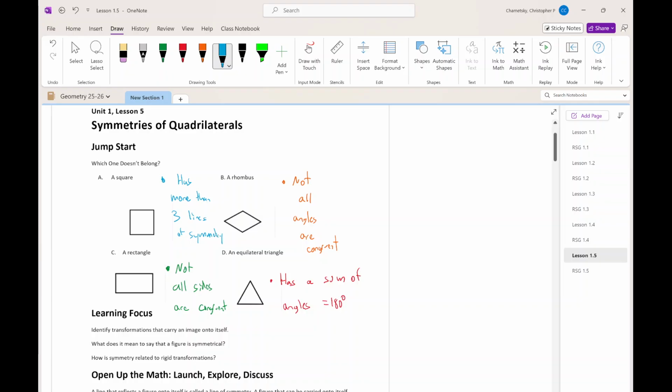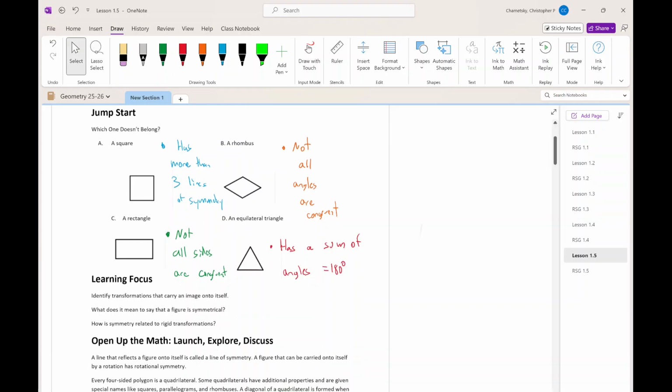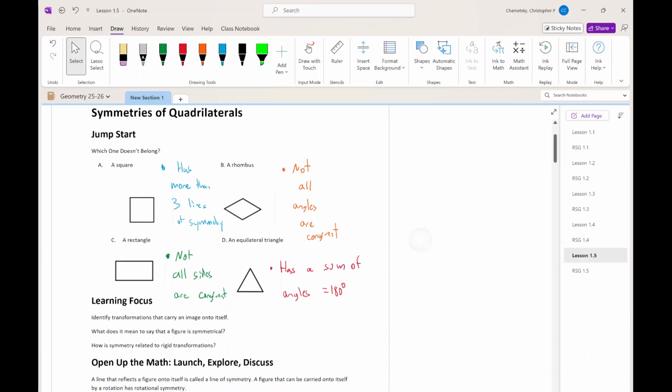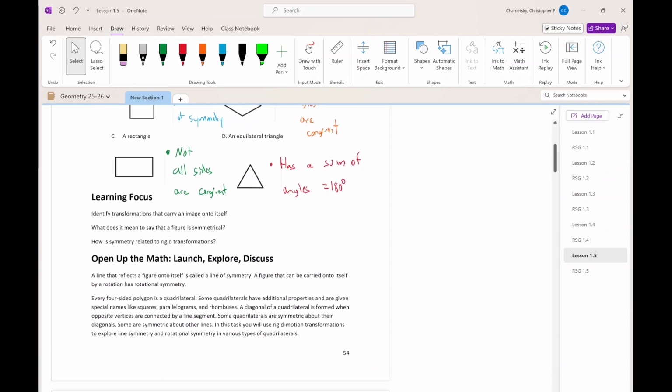There are some other reasons we could think of why a square would be the one that does not fit, but that is the one I'm going to go with because it kind of leads into what we're talking about today.